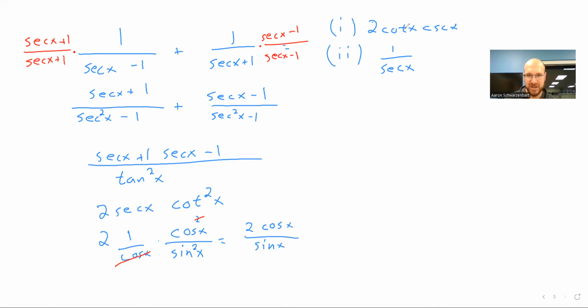I'm trying to get to a cotangent, which means I need a cosine over sine. And I can do that by going cosine x over sine x times 1 over sine x to get me my sine squared. Cosine over sine equals cotangent times cosecant x.